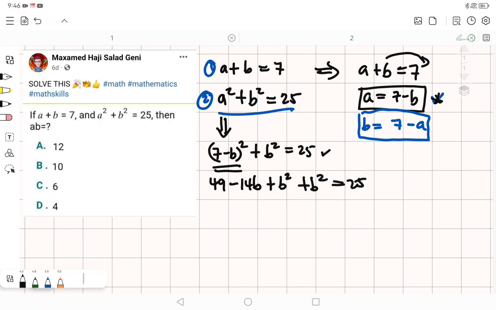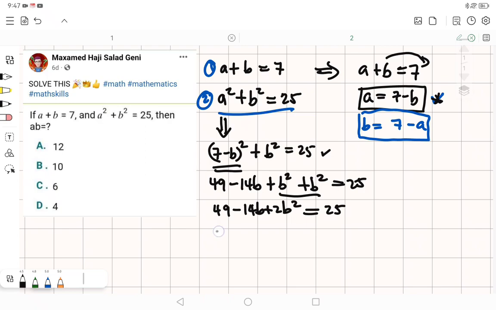Now, combine all the like terms. We have b squared plus b squared, which is 2b squared, and then negative 14b, and 49, equal to 25. At this point, we can rearrange the equation.